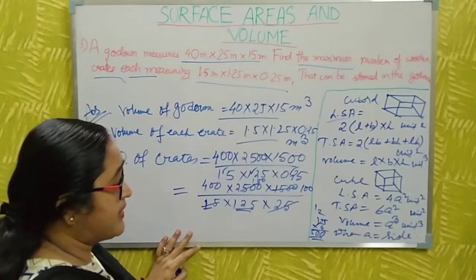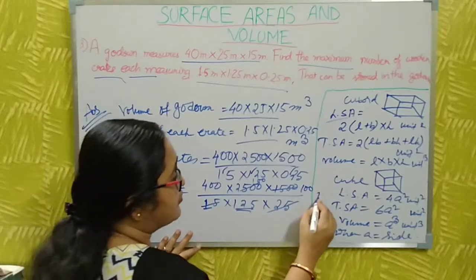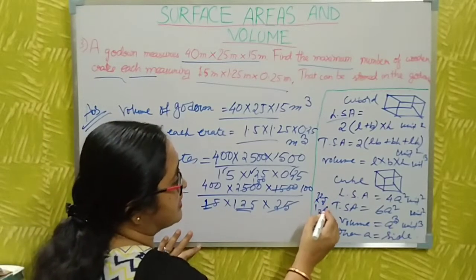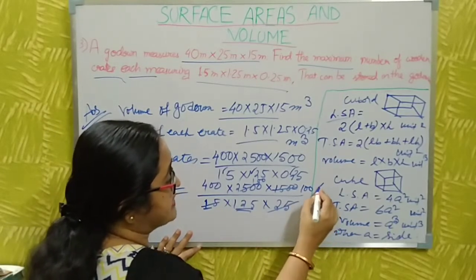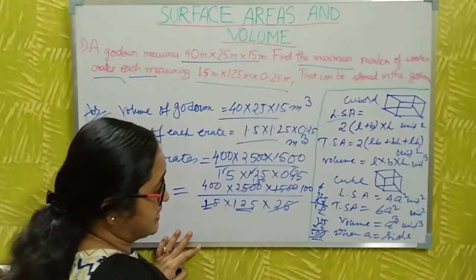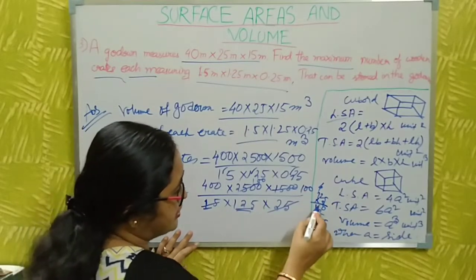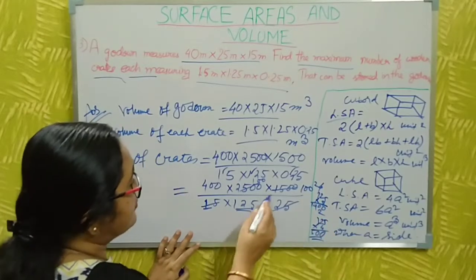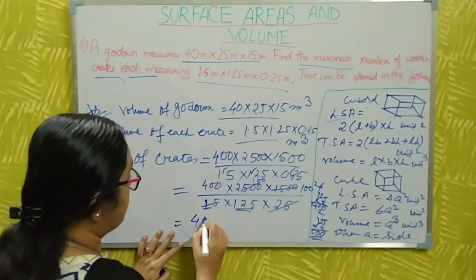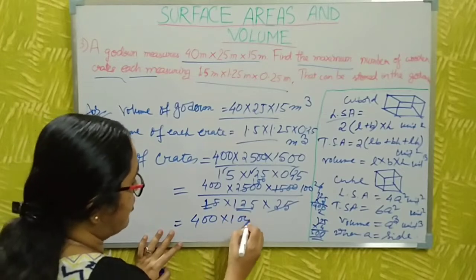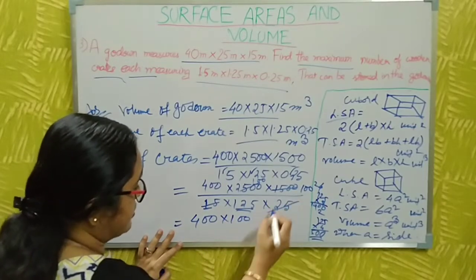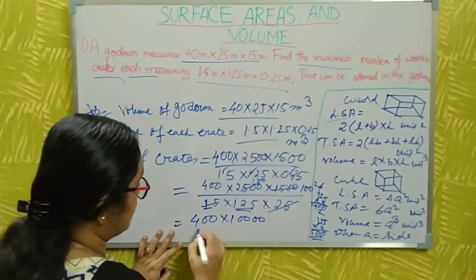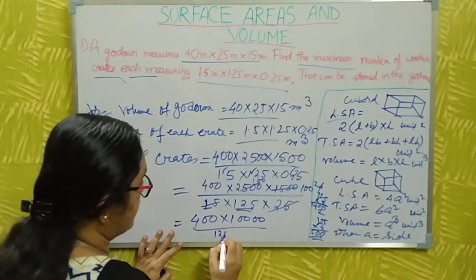This is 125 into 8. 125 into 8 is also 1000. Okay, 5 8s are 40, 8 2s are 16, 17, 19, 20, and 2. Yes, it was 1000. Yes, the number becomes like this, 00 and 00 here also, and this is 125.